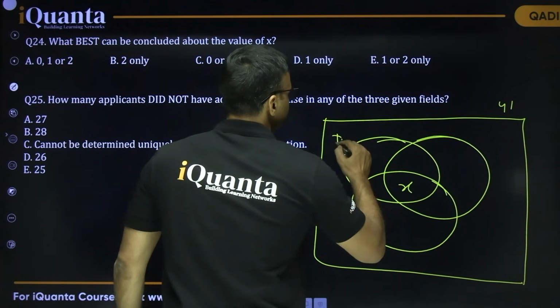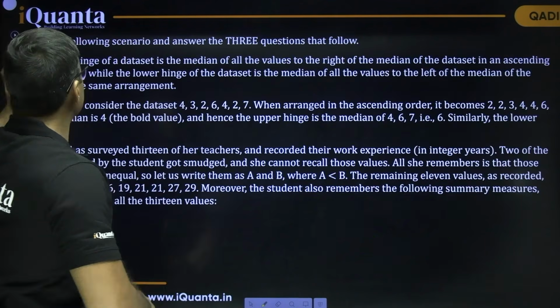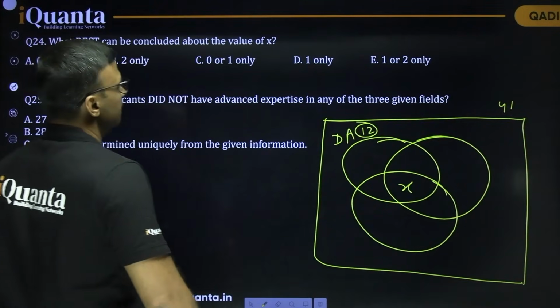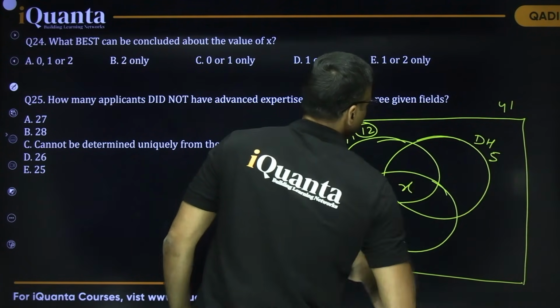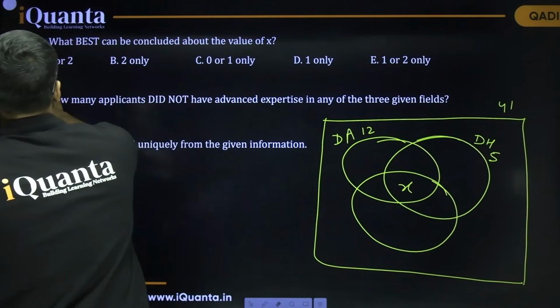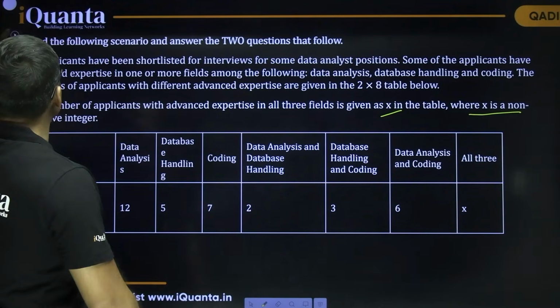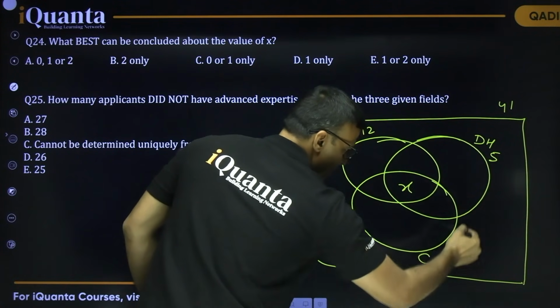Then we have database handling, total is 5. Then we have coding, total is 7. Suppose this total circle is 7.